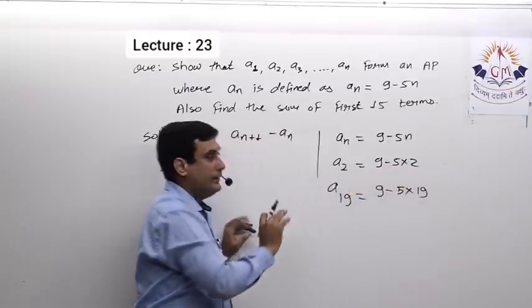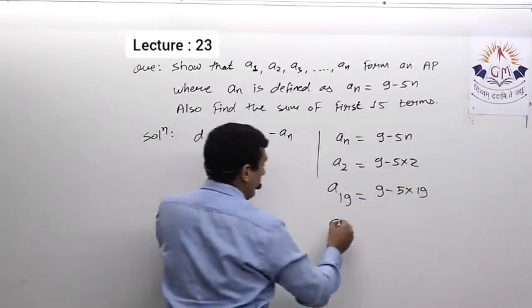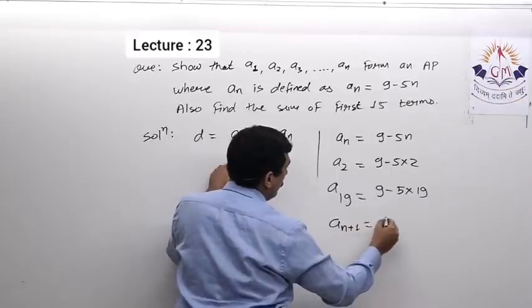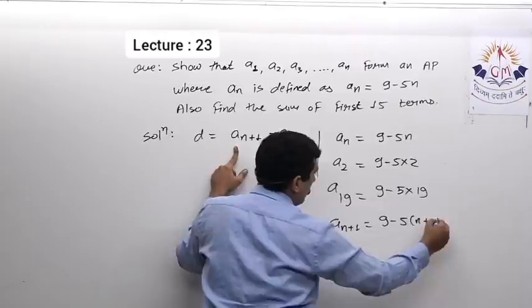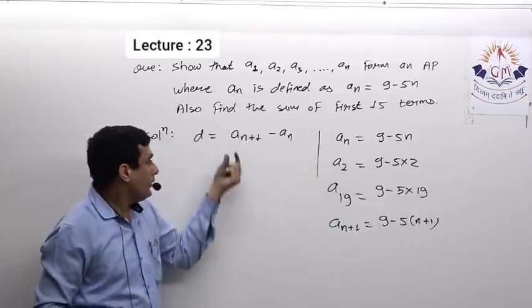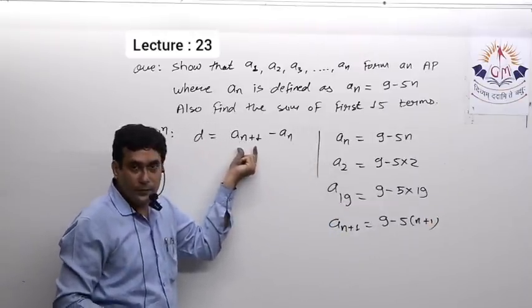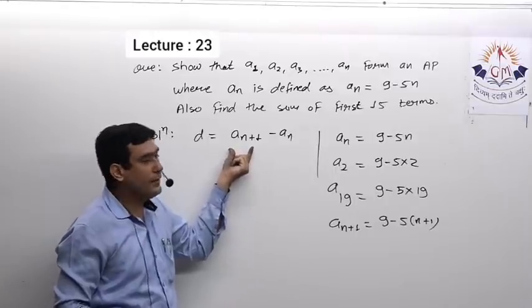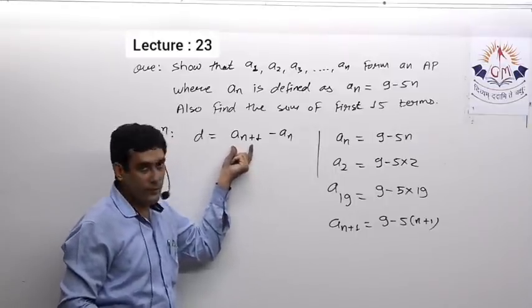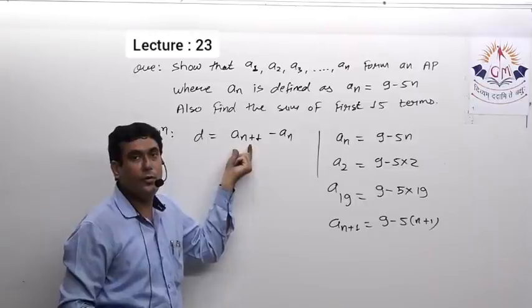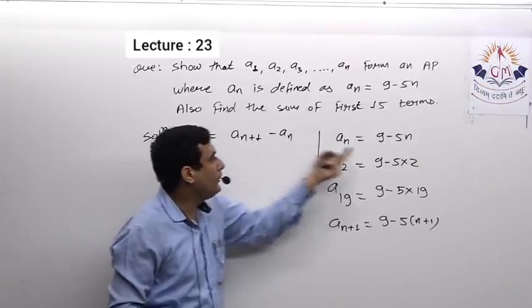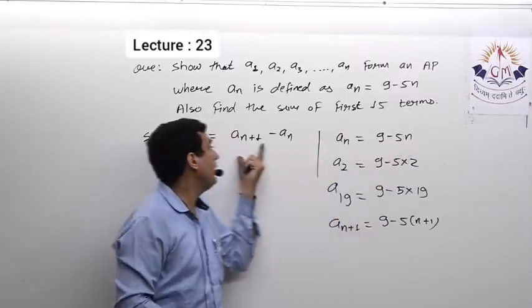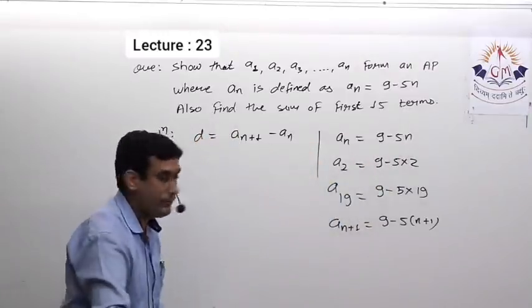Similarly, if I have to find an plus 1, I will replace n by n plus 1. Whatever is in the subscript, if there is 2 in the subscript, that gives the value of a2. If there is 7 in the subscript, that gives the value of a7. Here n plus 1 is in the subscript, so I have to replace n by n plus 1 to get the value of an plus 1.